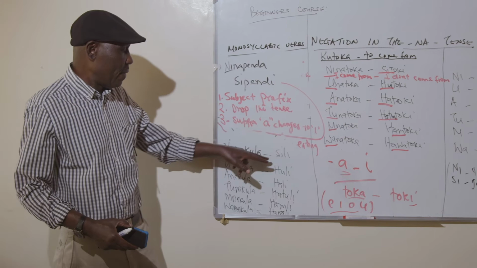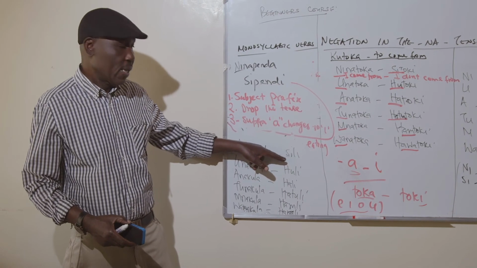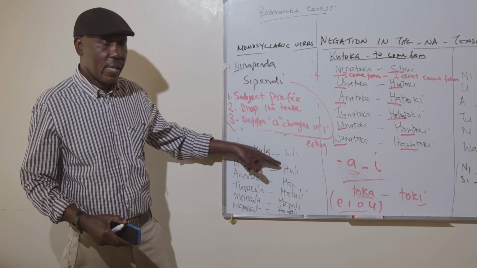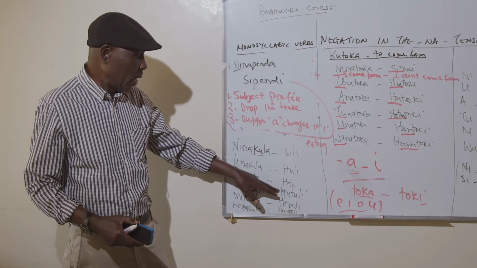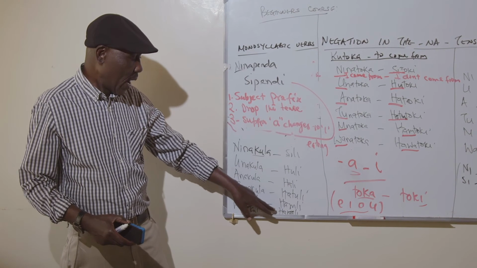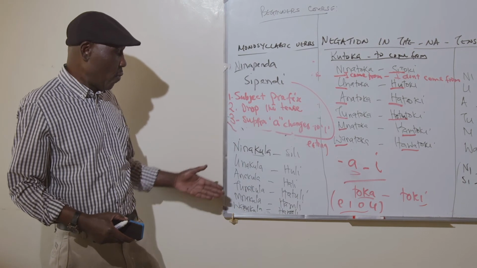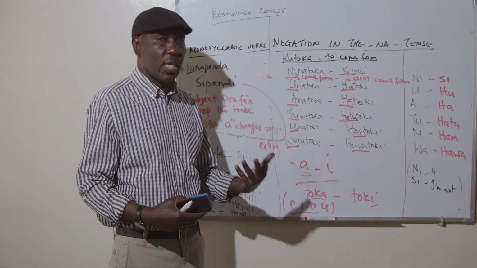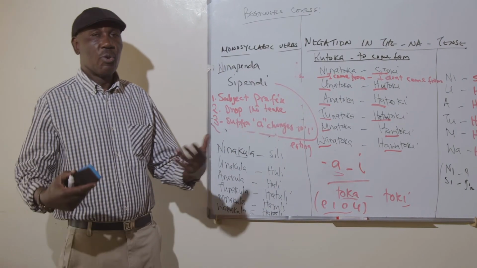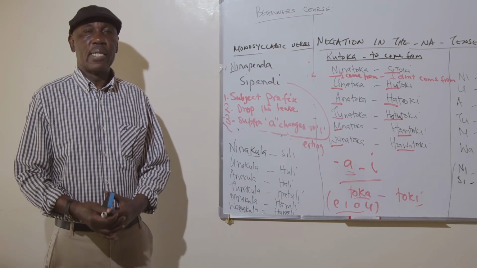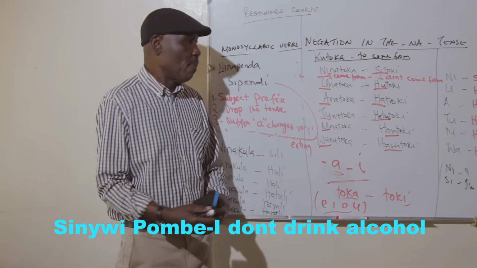So you end up having sili, huli, hali, hatuli, hamli, or hawali. So when you negate any monosyllabic verb, kula, kunywa, kuja, you can say sinywi pombe.